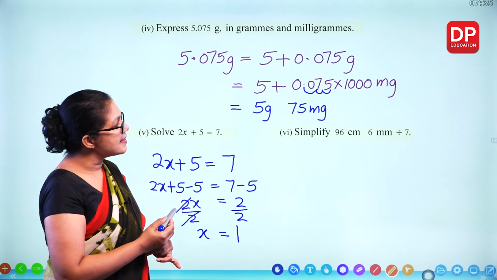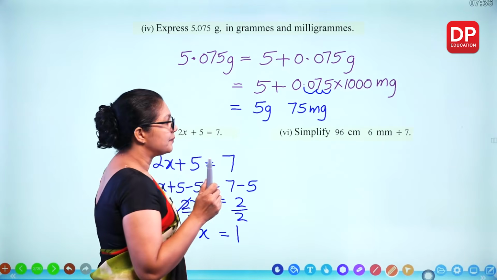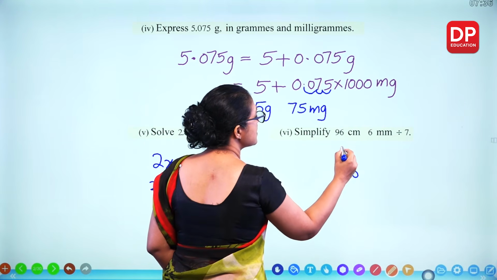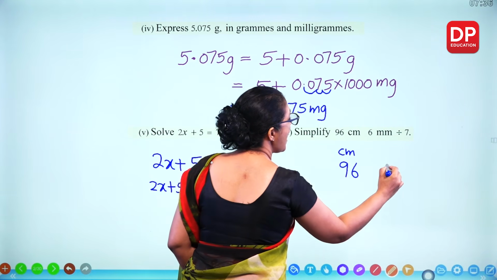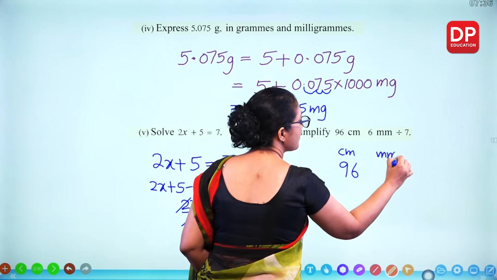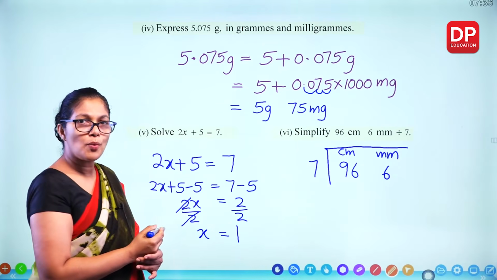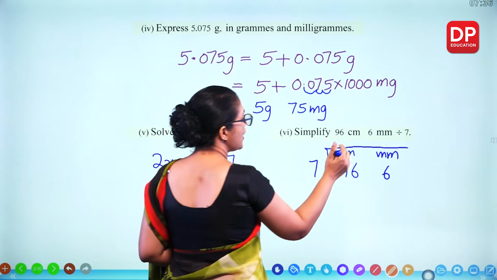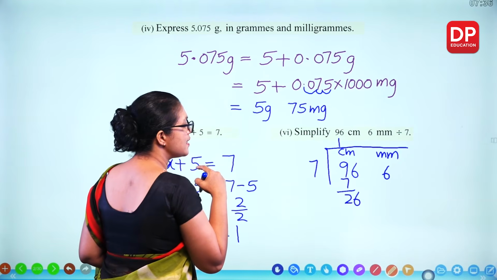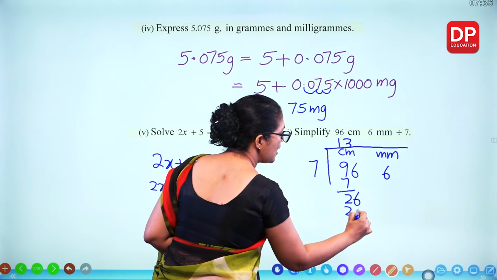What about this one? Simplify. 96 centimeters 6 millimeters, divide by 7. So you get 96 centimeters and millimeters. Here we'll write millimeters here. And this is 6. Divide by 7. So what we do? How many 7s for 9? That's 1. 2 remaining. For 26, how many 7s? 7 times 3, 21.